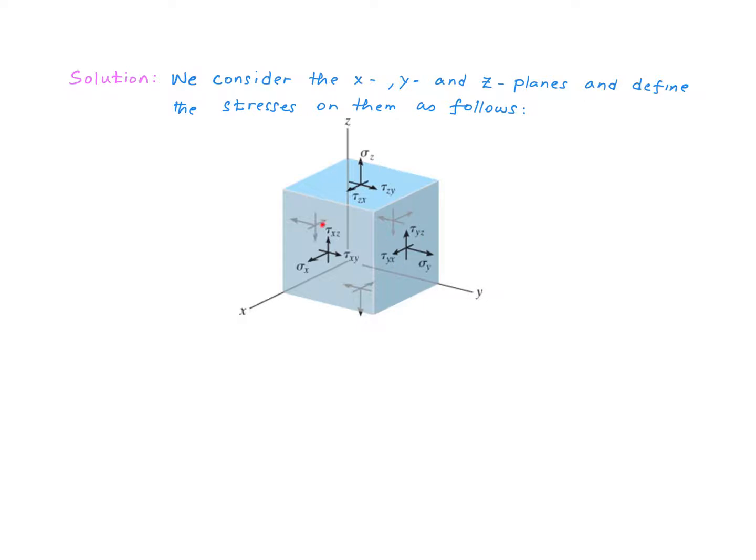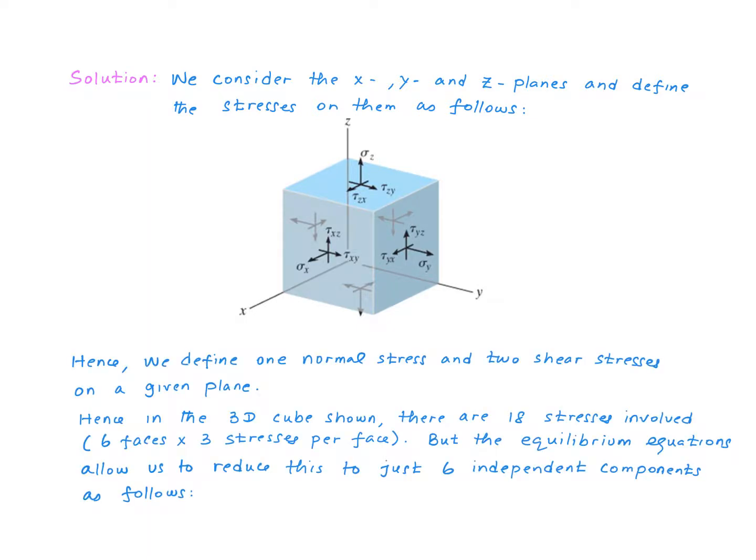In each of these planes or faces, there will be one normal stress and two shear stresses, right? Since a 3D cube like this has 6 different faces, we come up with 18 different stresses, right? But it turns out that the equilibrium equations allow us to reduce the number of stresses from 18 to 6. Let me show you that in the next slide.